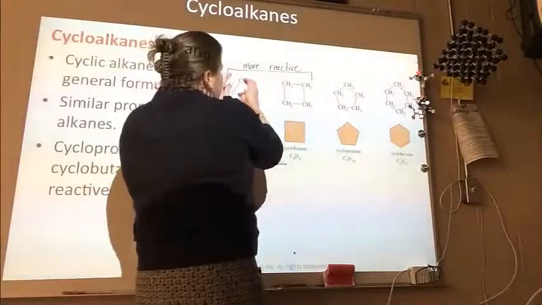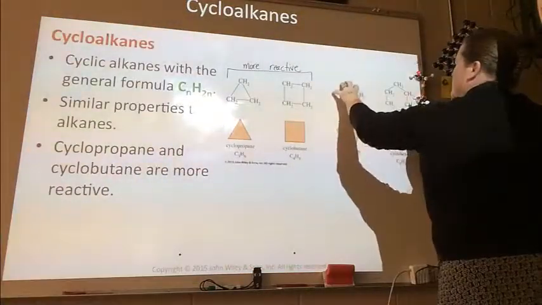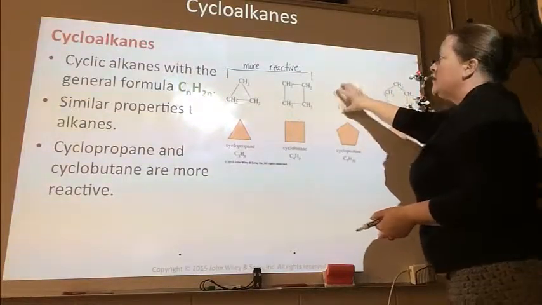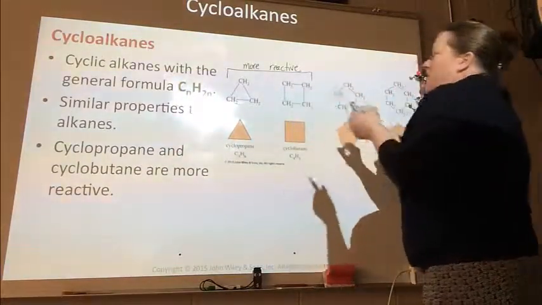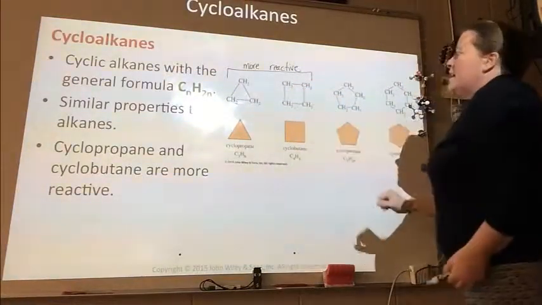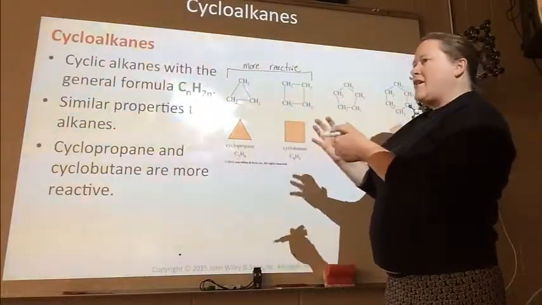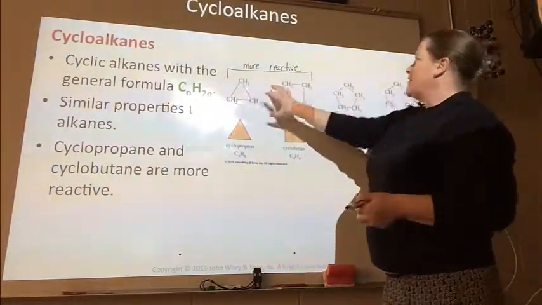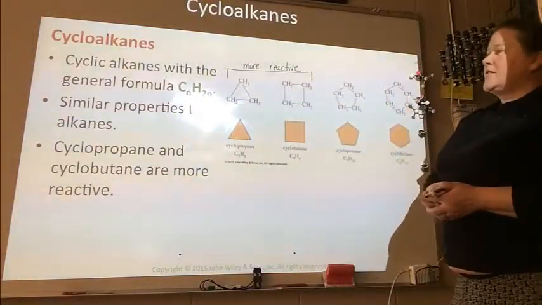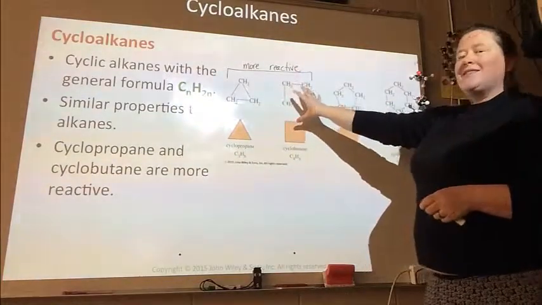So it's not as rigid, it's not as stable as these, which are more solid structures. They're so close together that any movement of the molecules stresses and strains these bonds. And if these bonds get stressed and easily strained, they're going to have a tendency to be more reactive compared to these structures, which tend to show more stability. So more reactive because they're not quite as stable.